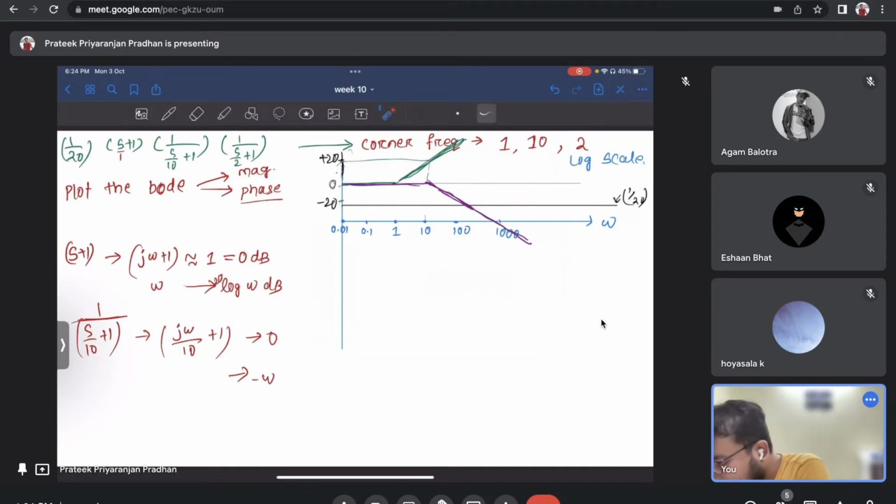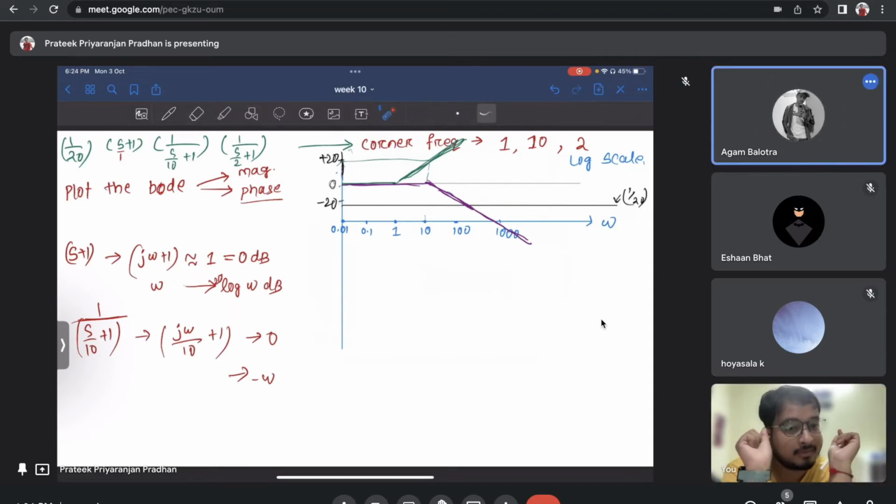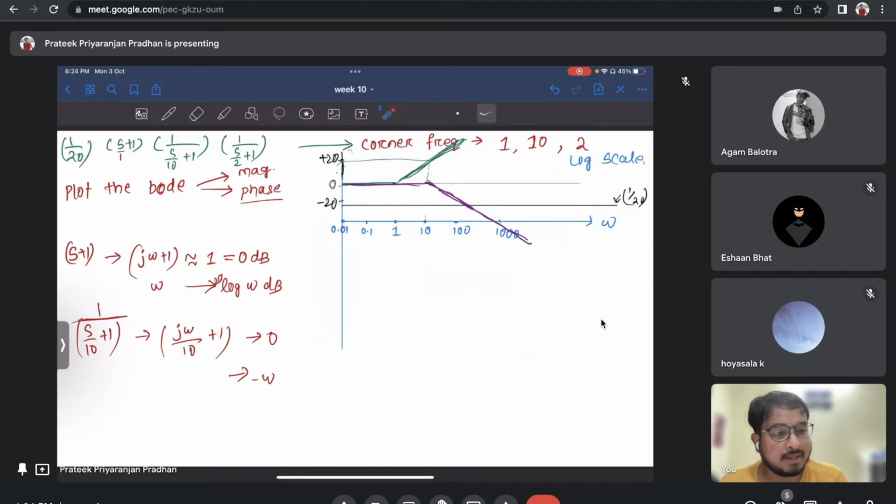What happens with s plus 1? In the last class, I explained that in frequency response we generally analyze two frequencies, low frequency and high frequency, and their meeting point is called the corner frequency. So what is the corner frequency of s plus 1? It is 1 omega.